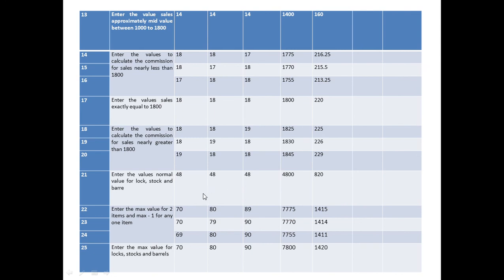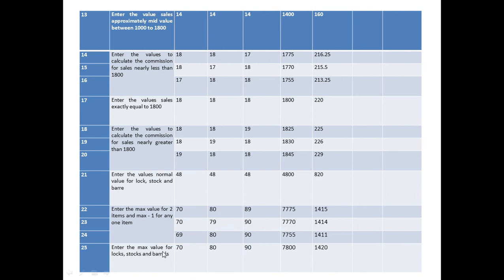This is the middle value for logs, stocks and barrels. You have to calculate sales and commission. Enter the maximum value for two items and maximum minus one for any one item. Maximum value for two items, max minus one value for one item, and do the combinations.